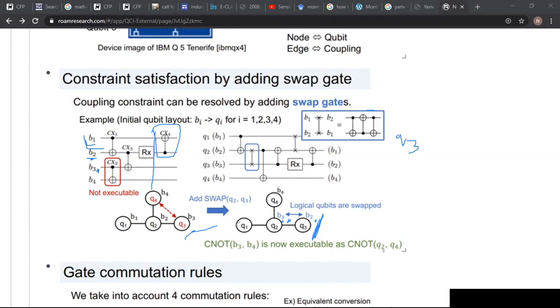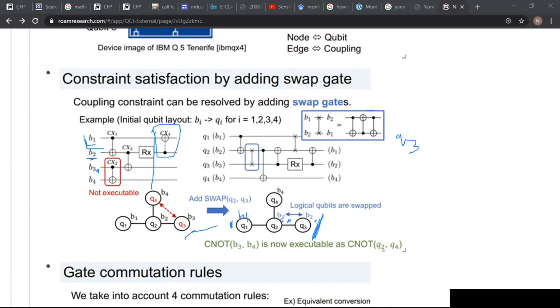So you are trying to apply NOT between state B1, which is held by Q1, and state B2, which is held by Q3. So technically, you are applying a control node between Q1 and Q3, since they're not directly connected with each other. So you put a swap gate between Q1 and Q2. You bring down the state B1 to qubit Q2, and the B3 state will get swapped to qubit Q1.